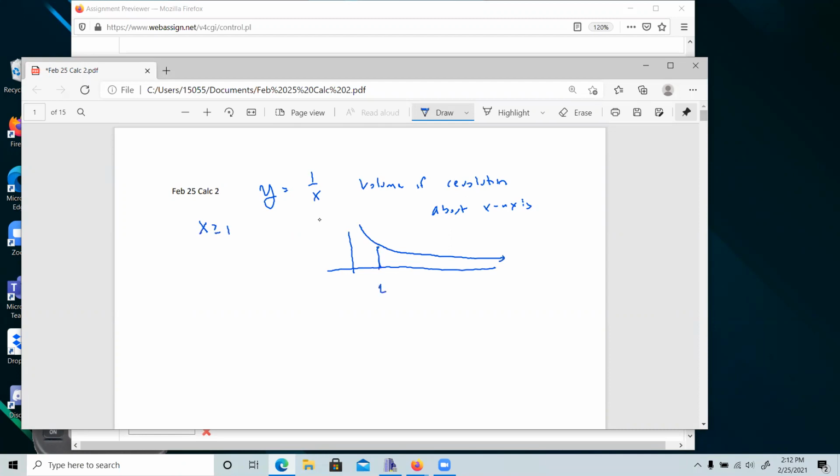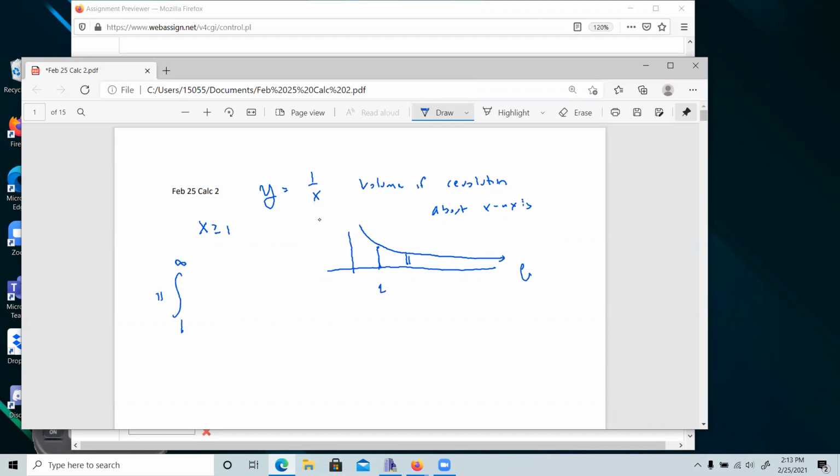We're just going to revolve this around, and it looks kind of like a horn. We're going to use the cylinder method, taking these pieces and rotating them around, so we're going from 1 to infinity.